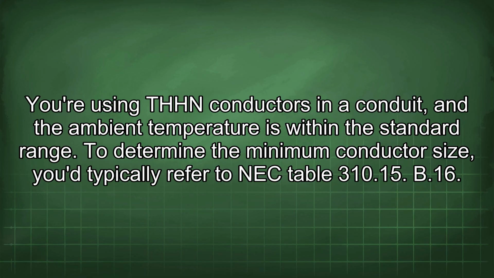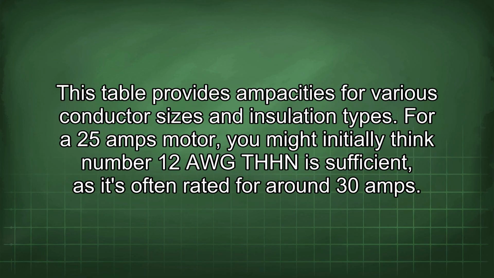To determine the minimum conductor size, you typically refer to NEC Table 310.15(B)(16). This table provides ampacities for various conductor sizes and insulation types. For a 25 amp motor, you might initially think number 12 AWG THHN is sufficient, as it's often rated for around 30 amps.